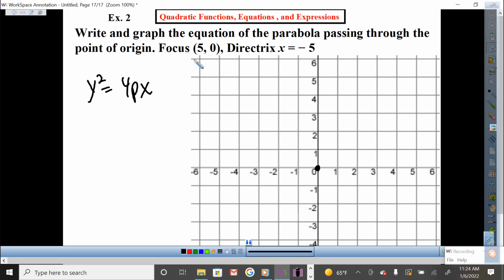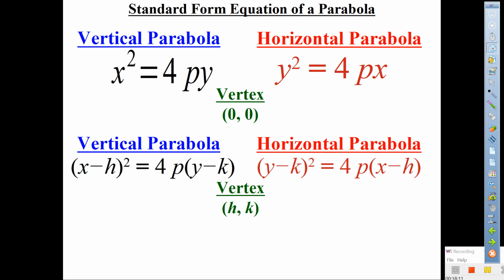Today, we're no longer going to have zeros. Why? Because now we're going to move things around. Which means we need to find out how to write our equation just given the information in the problem. So here we go.